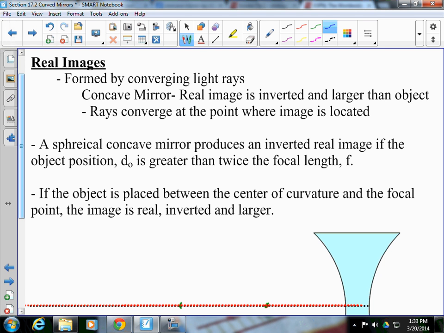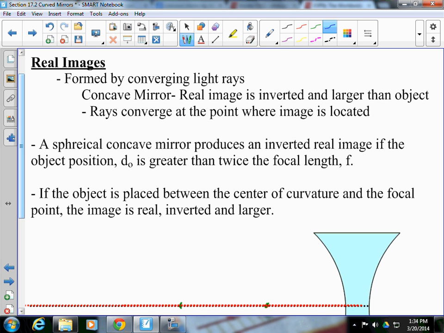Remember, real images are formed in front of the mirror where the light rays converge in front of the mirror. Virtual images is where the light rays converge behind the mirror. And we're going to show both because a concave mirror has the ability to produce both a real image and a virtual image depending where the object is placed in front of the mirror.